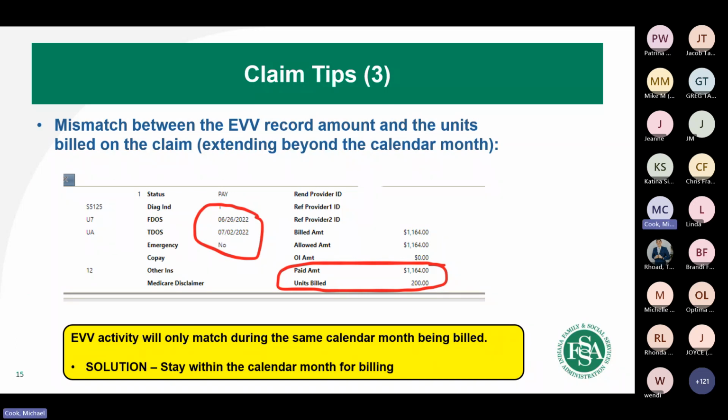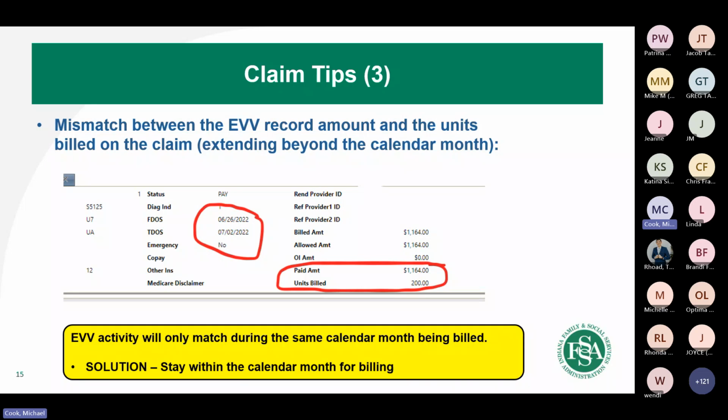Now, there's another mismatch of EVV record amount between what was in the record and the units that are billed on the claim. But this issue is because the claim extended beyond a calendar month. In this claim example, we were looking at dates of service between June 26th of 2022 and July 2nd of 2022.